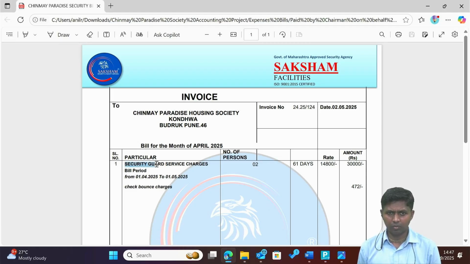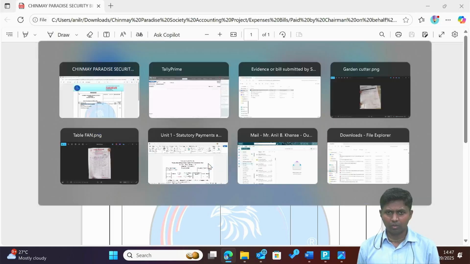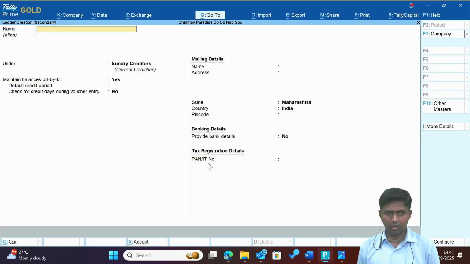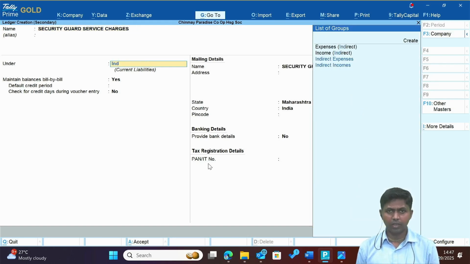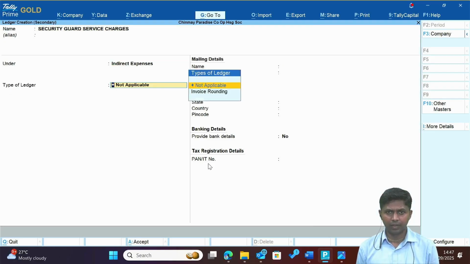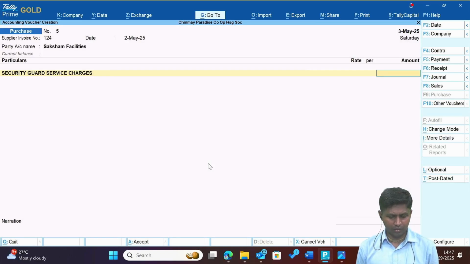You can copy the security guard service charges and then create it under indirect expenses. Enter, enter, enter. Accept it.